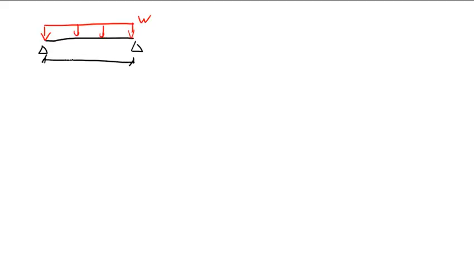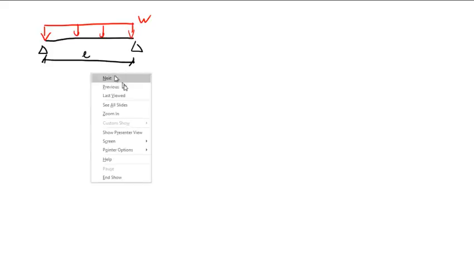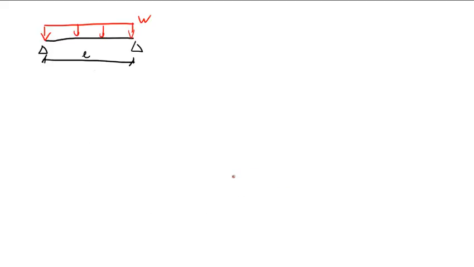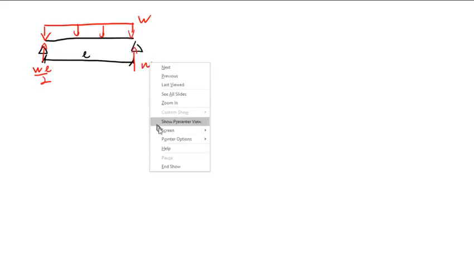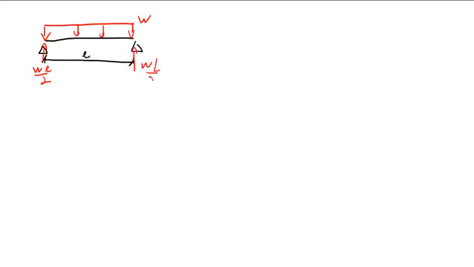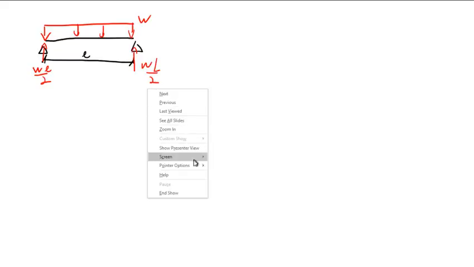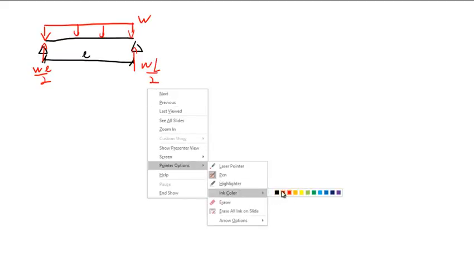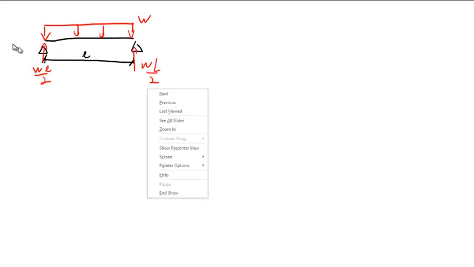I'll show you how this is done via inspection. I'll show you that later. That's what we're going to go over today. So the load here is WL over 2. WL over 2. Okay. So this is your load.